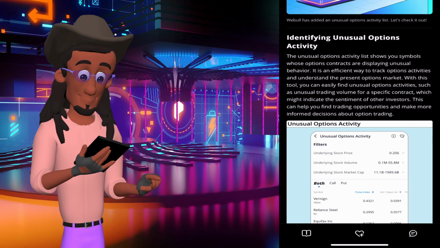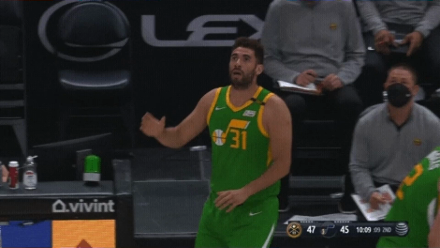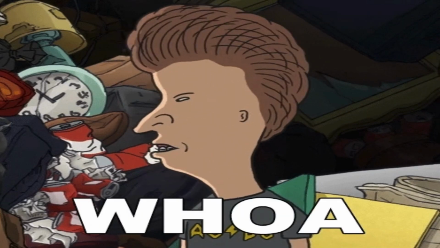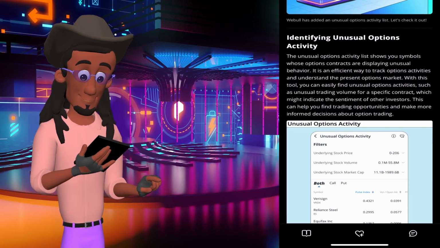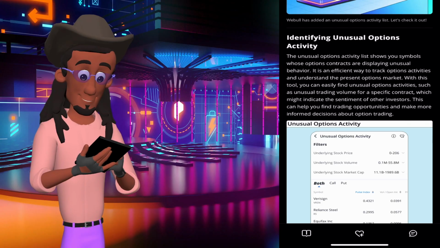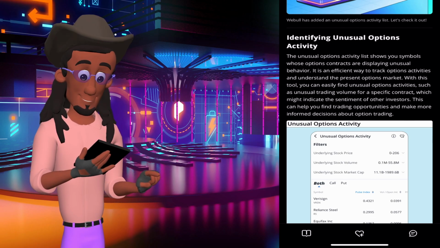With this tool, you can easily find unusual options activities, such as unusual trading volume for a specific contract, which might indicate the sentiment of other investors. This can help you find trading opportunities and make more informed decisions about options trading. All right, unusual activity.